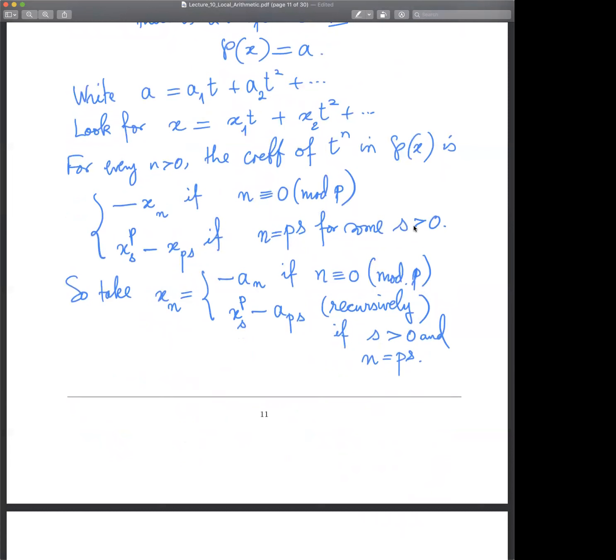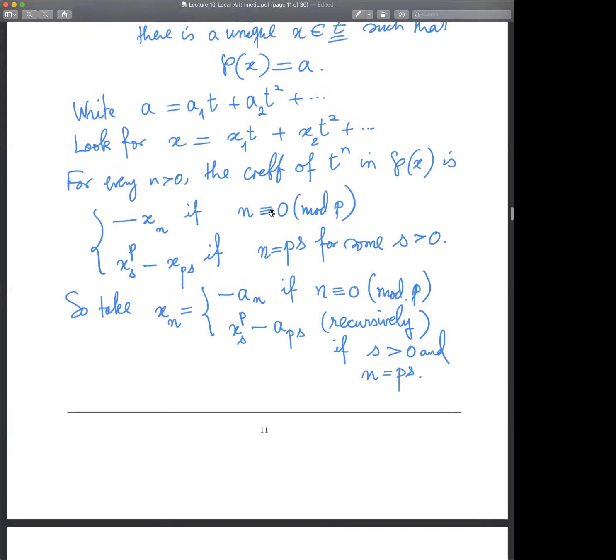Okay. Now for every index n, what is the coefficient of T to the n in P of x? You just raise x to the power p and subtract x from it. So the coefficient of T to the n is going to be minus x_n if n is congruent to 0 mod p, if n is divisible by p. Oh, there's some problem here. This should be not divisible by p.